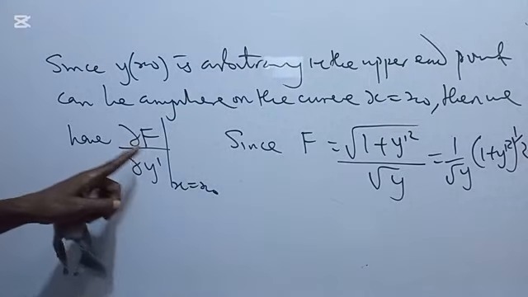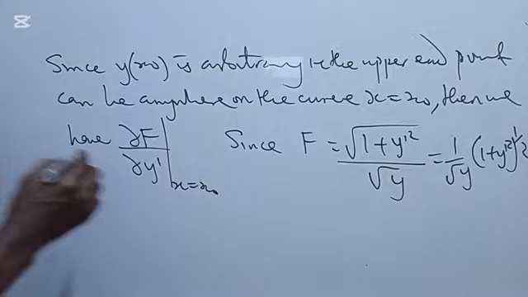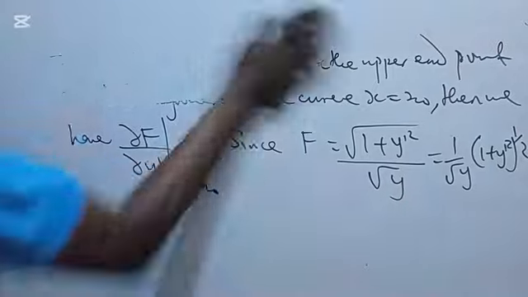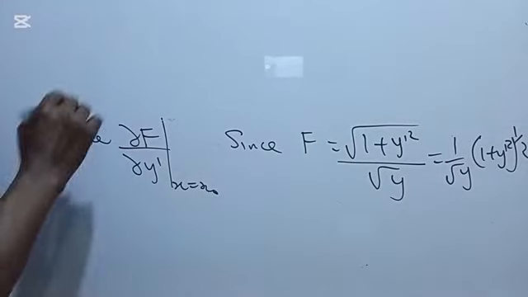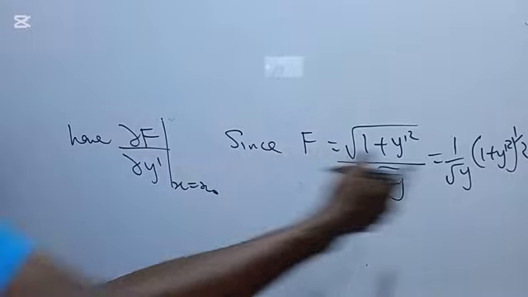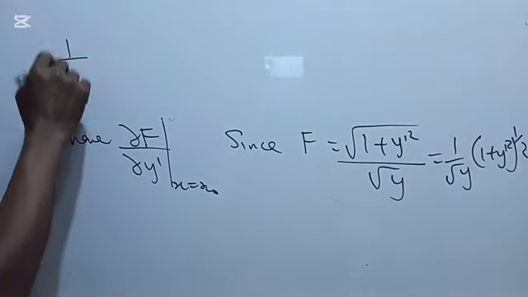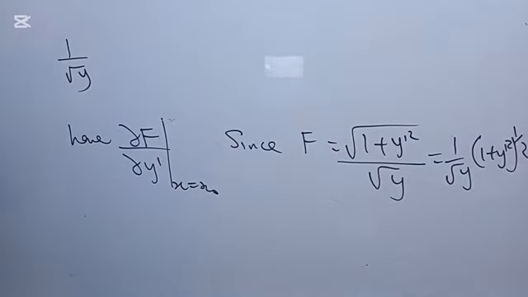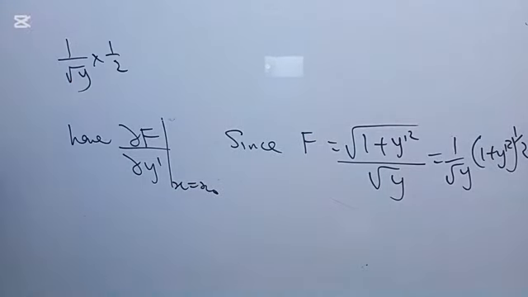We want to differentiate this f with respect to y prime. So that means I will have to clean this again. Let me clean this. I'm differentiating with respect to y prime, so 1 over root y is a constant. I will still have 1 over root y. Now, differentiating this, we have times 1 over 2.